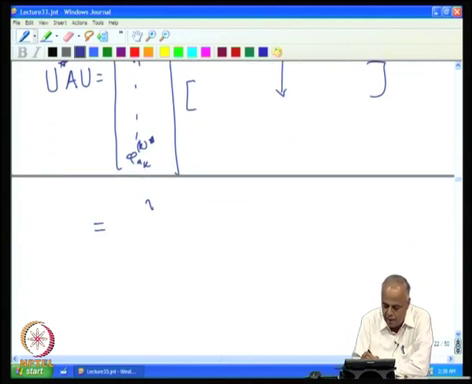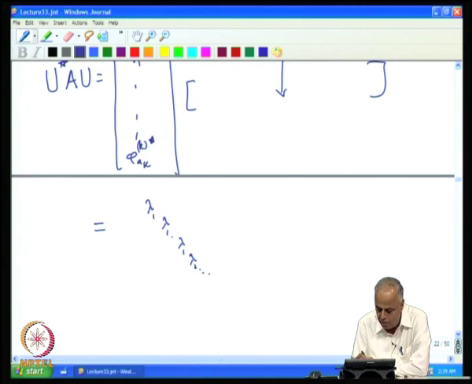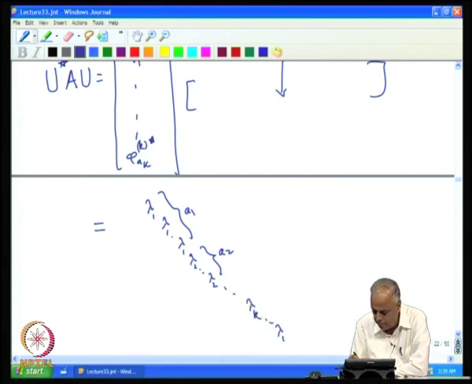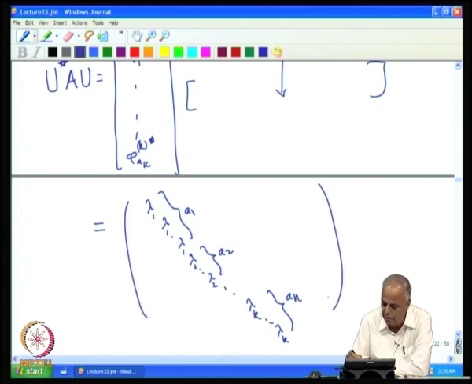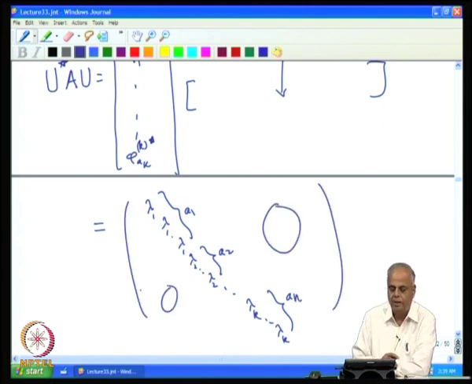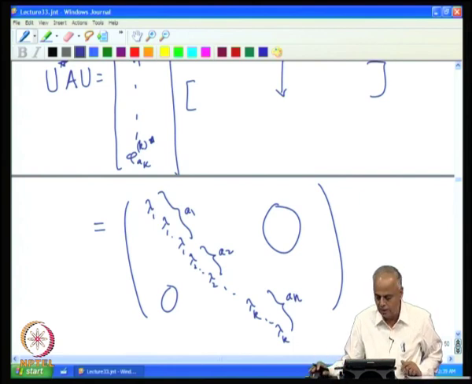So, we get the diagonal matrix, lambda 1 that occurs a 1 times, then lambda 2 occurs a 2 times, and then lambda k will occur a k times. This big diagonal matrix is n by n, where a 1 plus a 2 plus up to a k is equal to n.